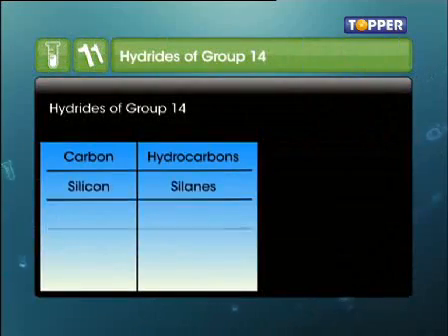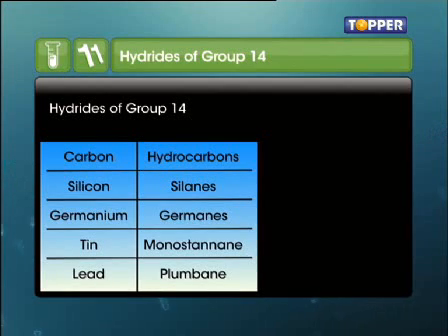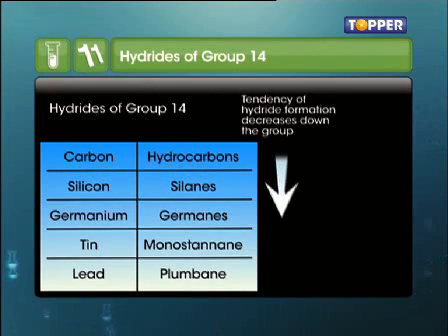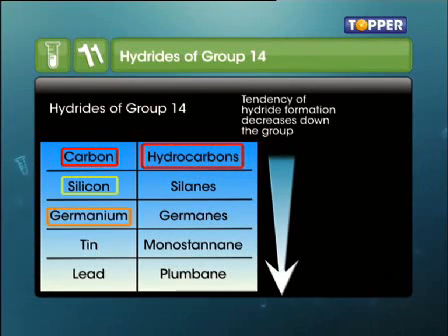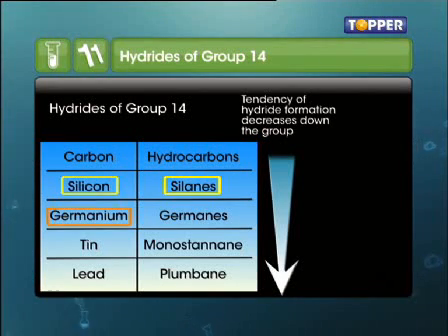Elements of group 14 form covalent hydrides. The tendency of hydride formation decreases on going from carbon to lead. Carbon forms a large number of cyclic and acyclic hydrides, which are known as hydrocarbons. Silicon and germanium form fewer hydrides known as silanes and germanes respectively.